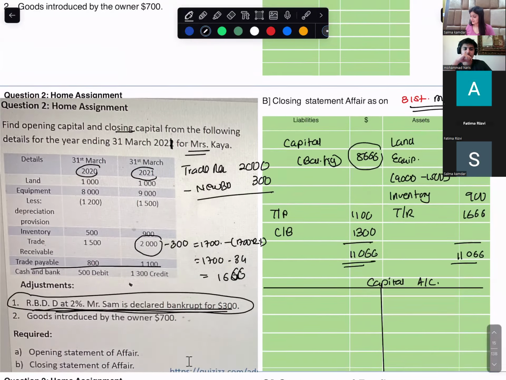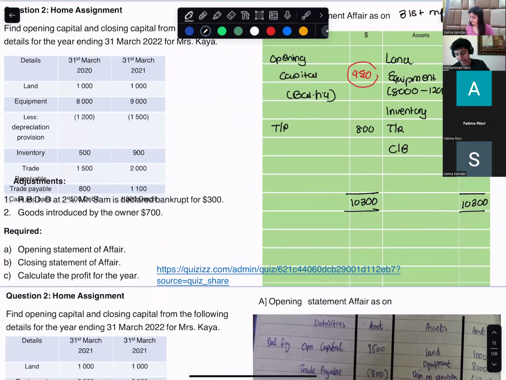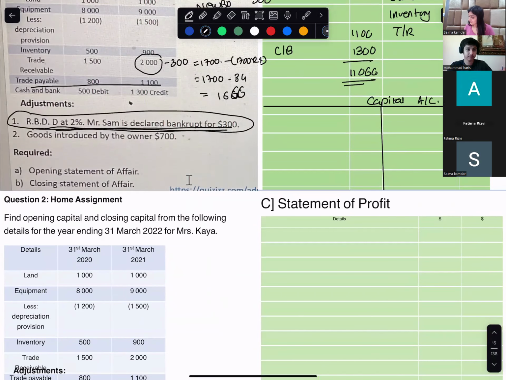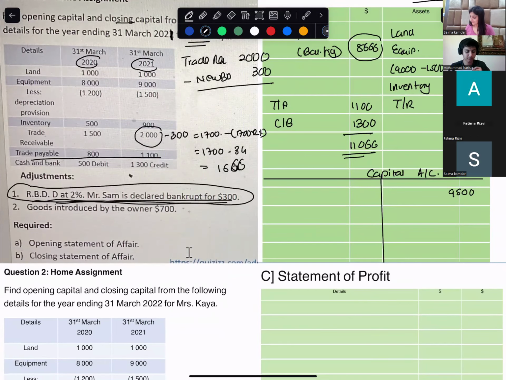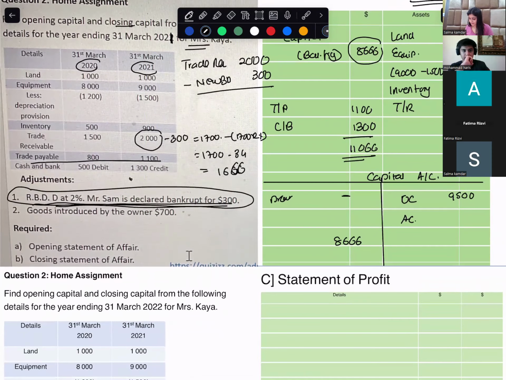Your opening capital is how much? Opening 9,500. Your closing capital is 8,666. Your drawings is not there. And your additional capital is how much? 700, goods introduced by the owner.